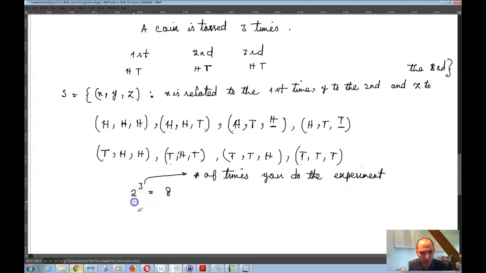And that is the number of the possible outcomes of each time you do the experiment. The total number of outcomes each time you do the experiment.